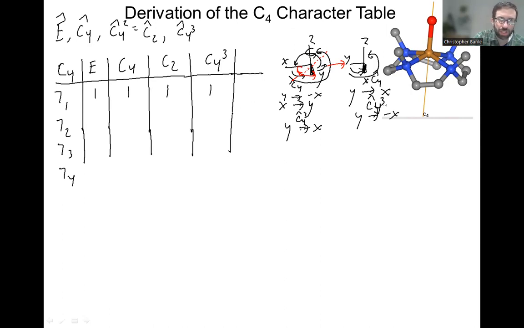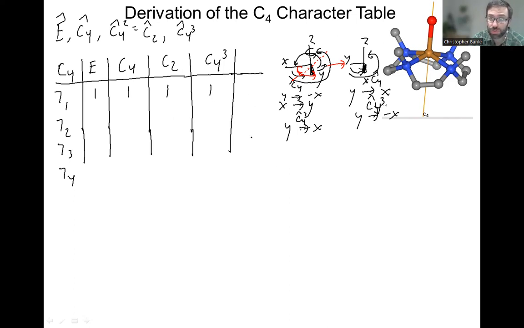And very quickly, I could find out what some other representations might look like. So I can think about using basis functions, right?